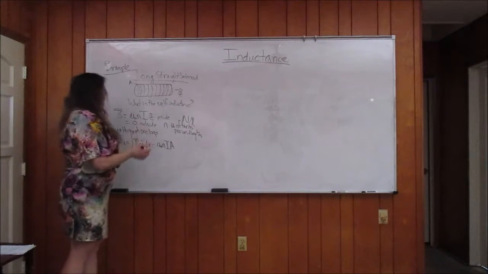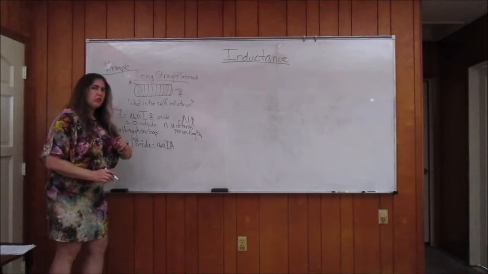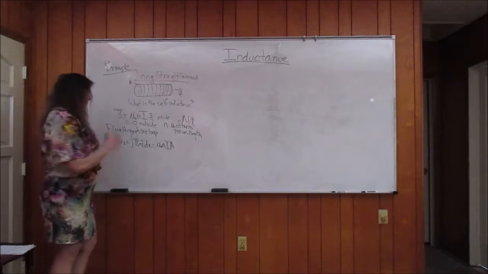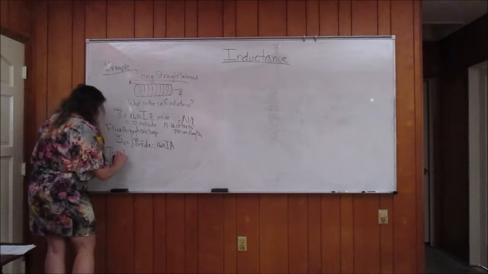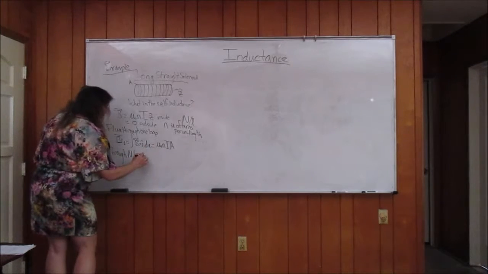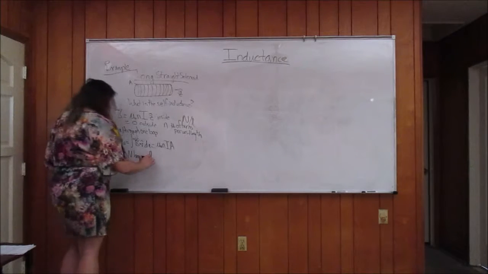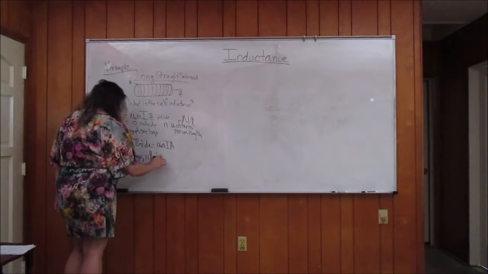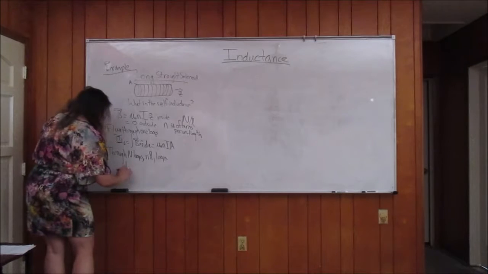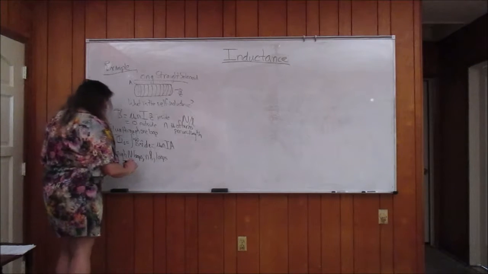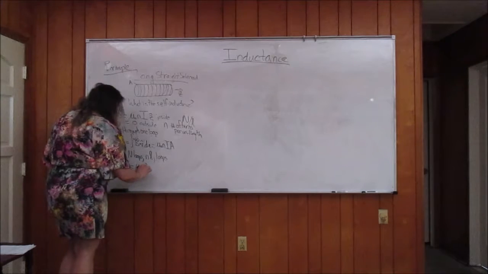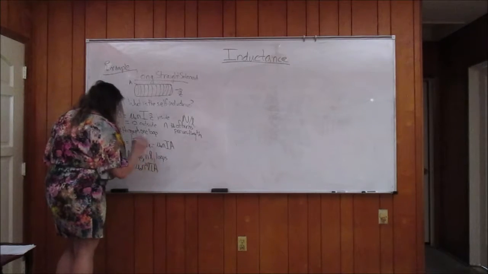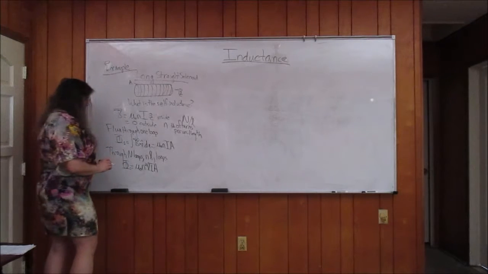But I don't need to just know the flux through a single loop. I need to know it through all N loops, or what's the same thing, little n times l loops. The magnetic flux is equal to mu naught n squared times l times A times I, where I is current and A is the cross-sectional area.